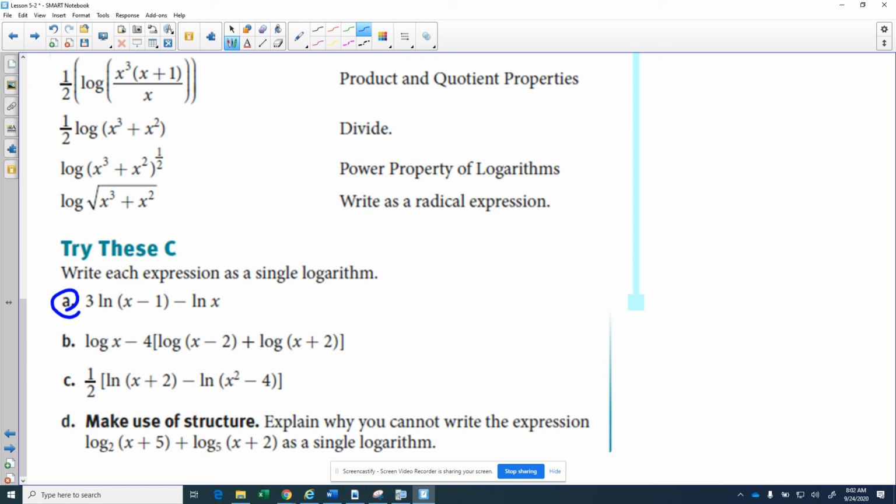Well, I want to first take the idea of, if I have a value out in front, that's got to be an exponent. So I want to bring that exponent back in. That means I can write this as the natural log of x minus 1 cubed, because it becomes the exponent, minus ln of x. Well, my last step now is I got to think which property is going to simplify a subtraction.